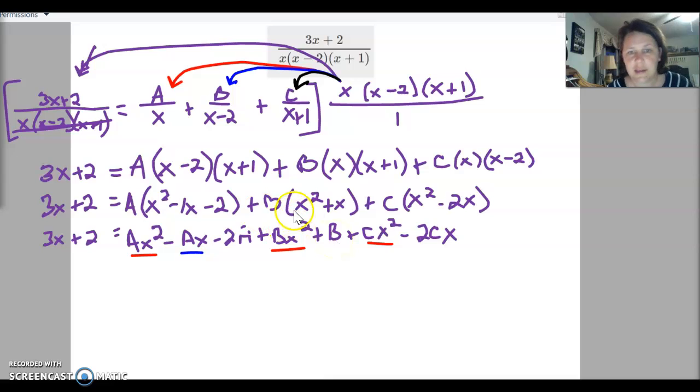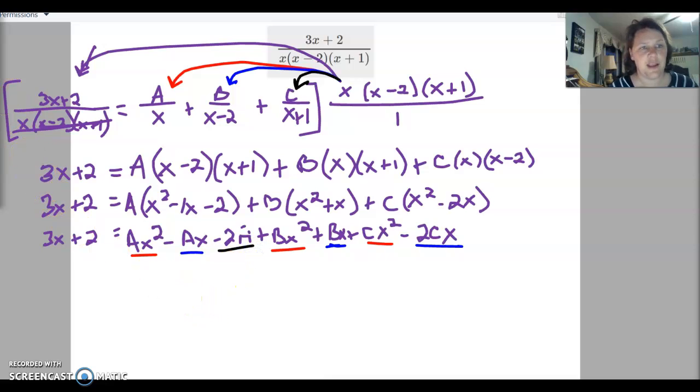Let's go back. This should have been bx squared plus bx. Aha. Good thing we caught that. Okay, so minus ax, there's an x term, plus bx, there's another x term, and minus 2cx is another x term. So we're going to combine all of those, and then we have just one constant term, the minus 2a.